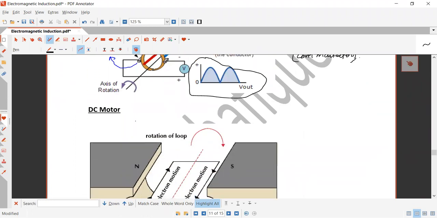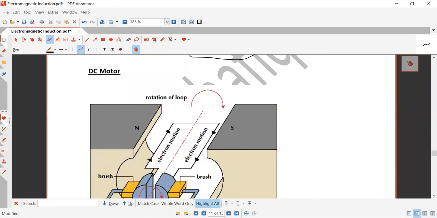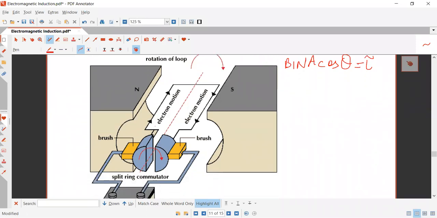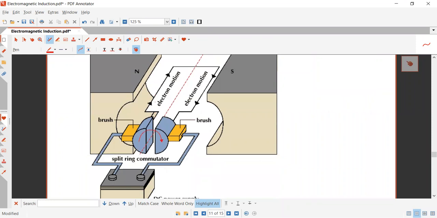Okay, students. DC motor. What is a DC motor, students? You already know about it. The formula we use is BINA cos alpha, or cos theta for the moment, right, students? Acting on the coil, we have the split ring commutator as well.